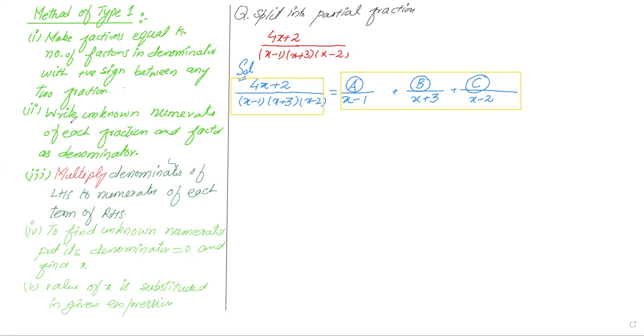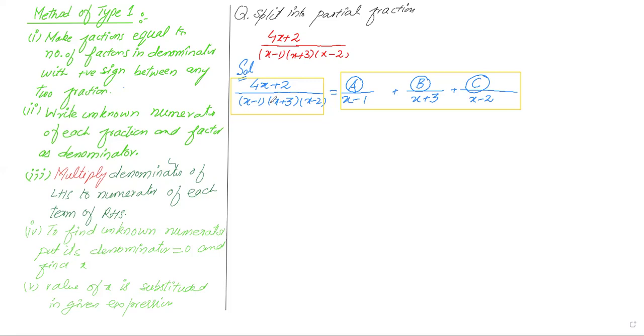Now the next one is multiply denominator of the left hand side. This denominator, you have to multiply to each term on the right hand side. This is the step to remove the fractions.